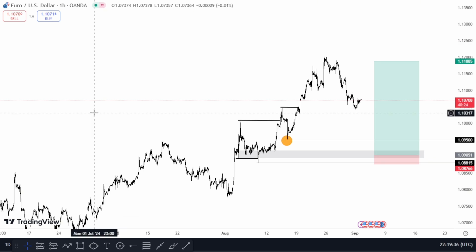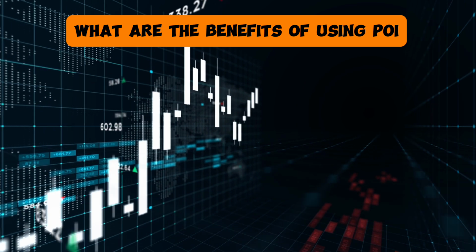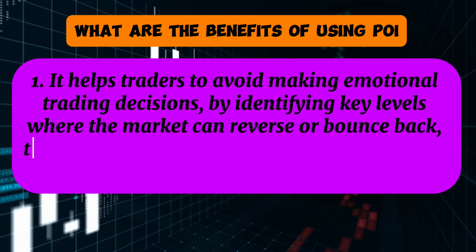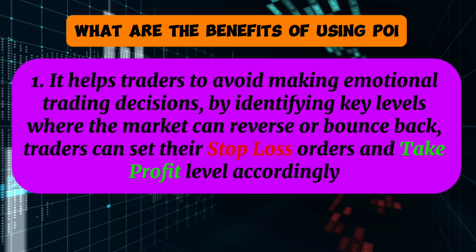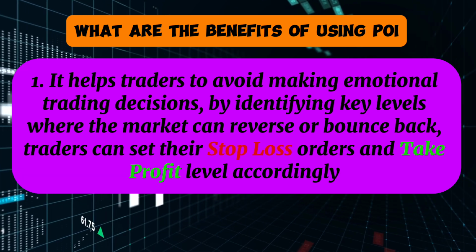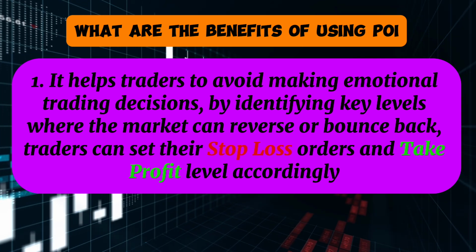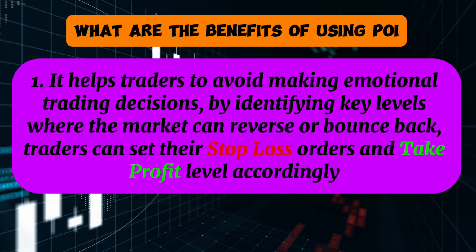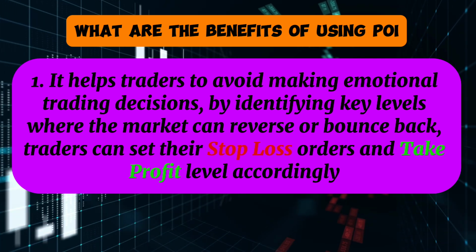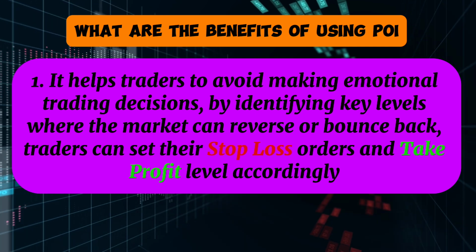So now, what are the benefits of using POI? It helps traders to avoid making emotional trading decisions. By that, I mean it helps traders to identify key levels where the market can reverse or bounce back, and then traders can set their stop losses and take profit according to the parameters they see.